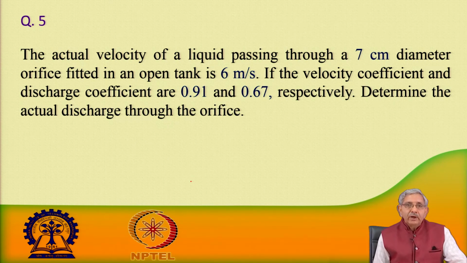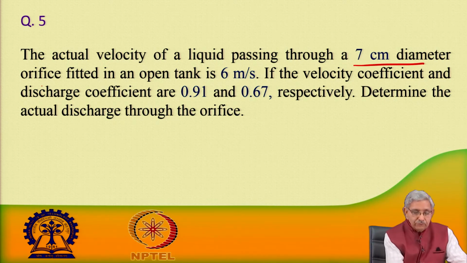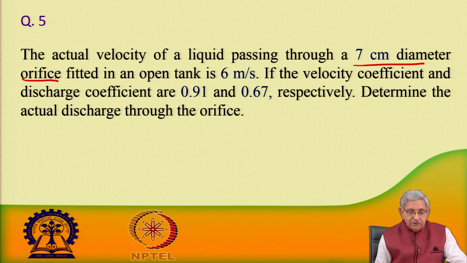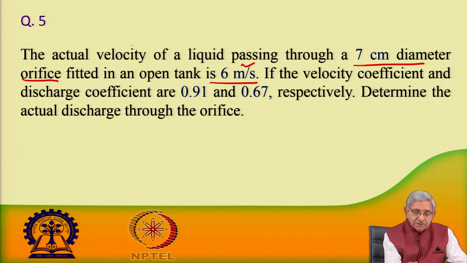Question 5: it is given here, the actual velocity of a liquid passing through a 7 centimeter diameter orifice meter. This is an orifice meter, an orifice plate is fitted in an open tank which is receiving water at 6 meter per second velocity.